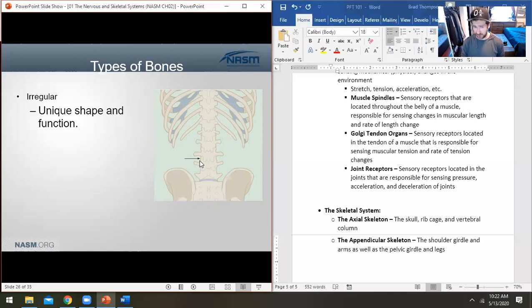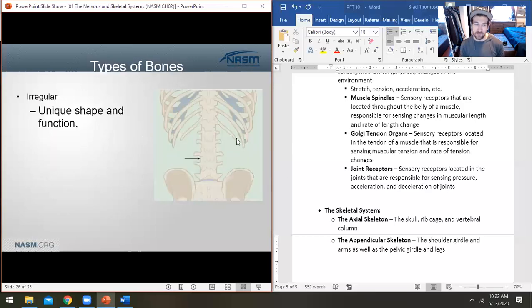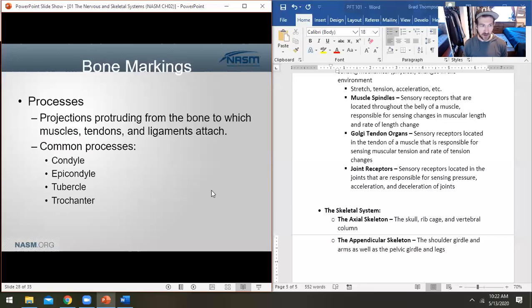Your spine is a really good example of this. We can see a bunch of different spinal processes here. They have joints called facet joints that allow them to lock into each other to provide stability, but at the same time they can move side to side and rotate a little bit. So those are the main categories of bones.